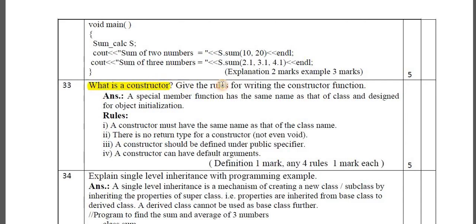Then: what is constructor? Give the rules for writing constructor function. Constructor is a special member function which has the same name as the class, and it is designed for object initialization. The rules are: a constructor must have the same name as the class name, there is no return type for a constructor, a constructor should be defined in the public section, and a constructor can have default arguments.